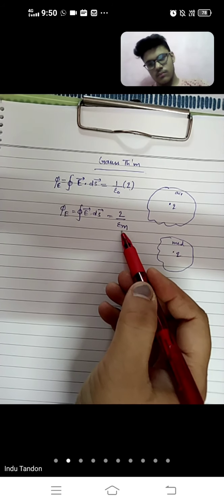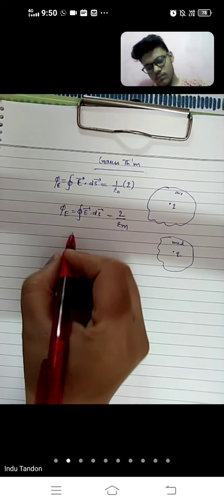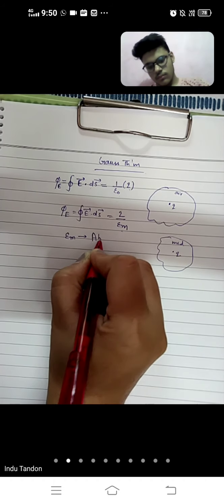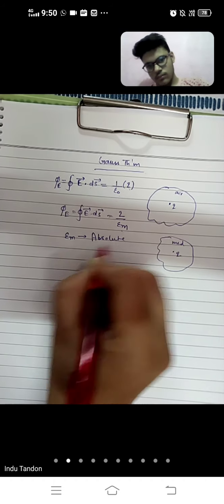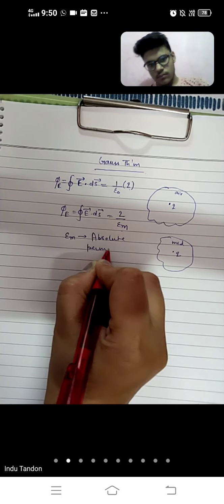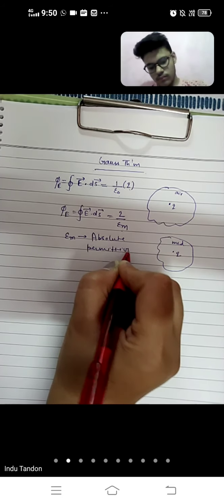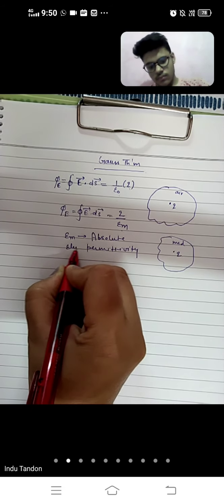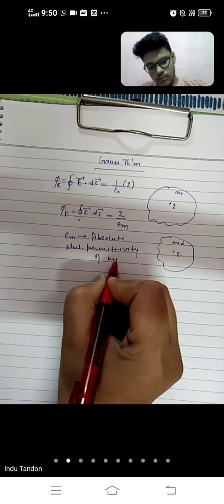What is this epsilon m? It is the absolute permittivity, the electrical permittivity of the medium, right?